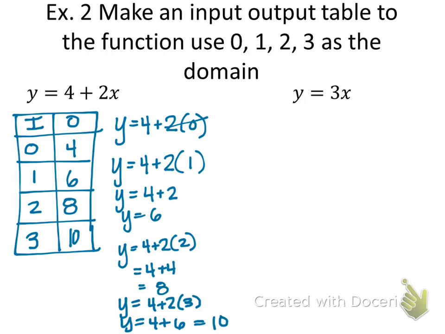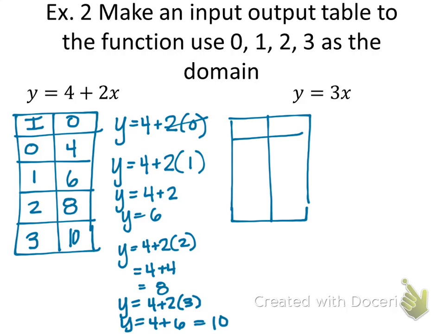Again, I'm going to just take my input and output values and plug them into a chart. 0, 1, 2, and 3. And then I'm going to plug each of these into the equation. What am I plugging the input in for? Which letter or variable? X. Very good.